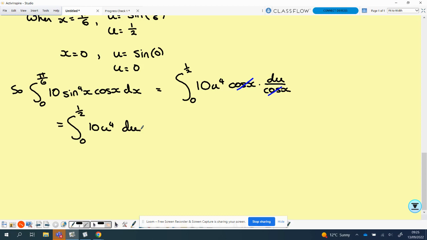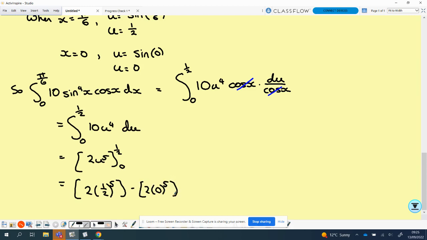Let's now integrate this. Okay, so we know how integration works now. Add on to the power divided by a new power. That's going to give me 2u to the power of 5 between the limits half and 0. So that's going to be, in fact, we'll write this underneath. 2 lots of a half to the power of 5 minus 2 lots 0 to the power of 5.